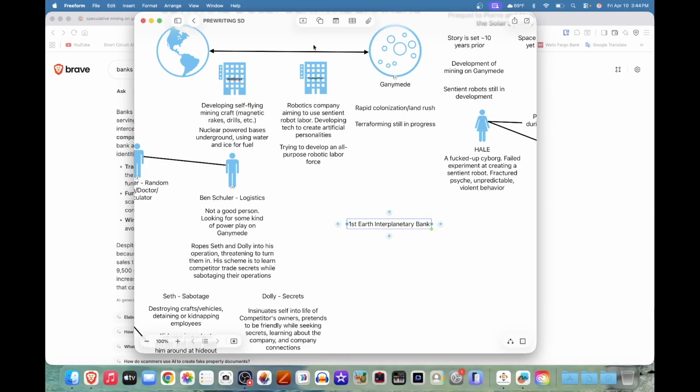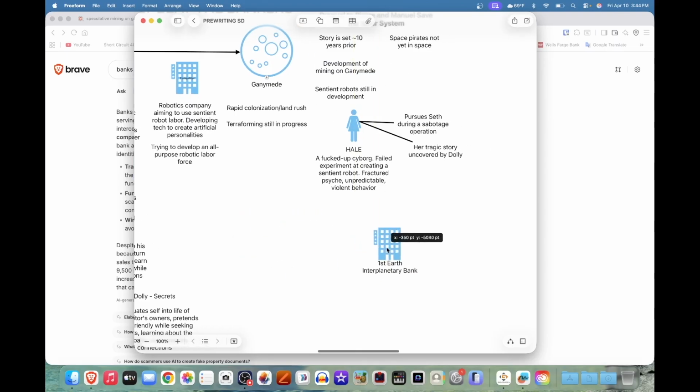Oh, actually, it should be a business. But that name won't fit, so we'll group this. First Earth Interplanetary Bank.